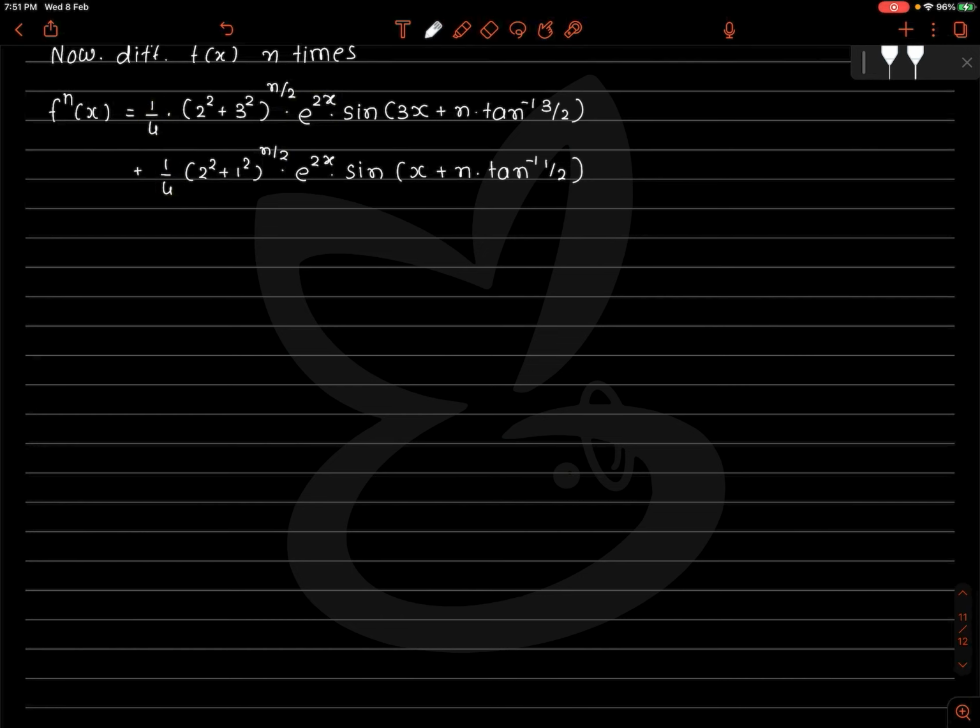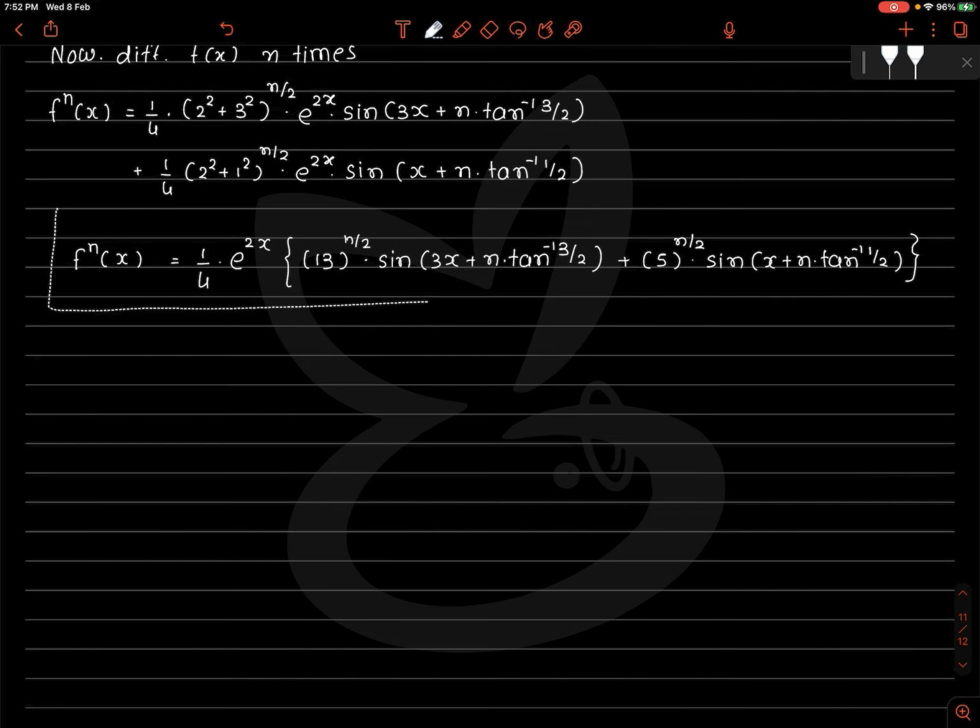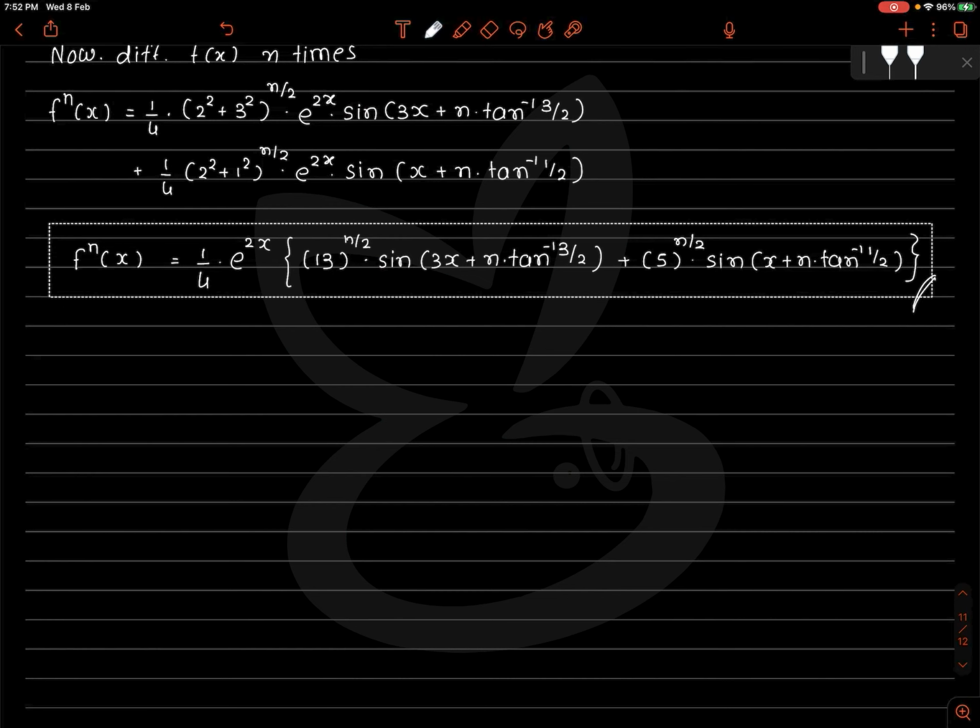So the final answer would be the nth derivative of function f would be 1/4 into e raised to 2x into the bracket 13 raised to n by 2 into sin of 3x plus n into tan inverse 3 by 2, plus 5 raised to n by 2 into sin of x plus n into tan inverse half. And this would be our final answer.